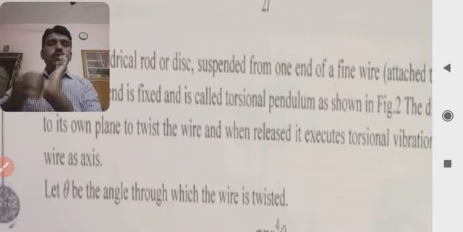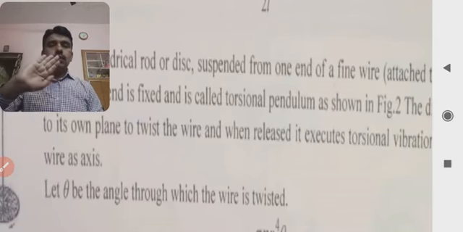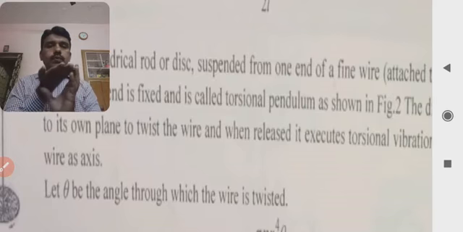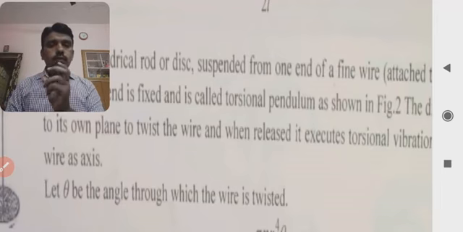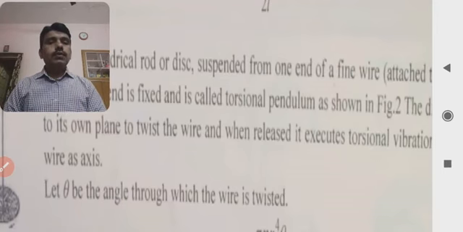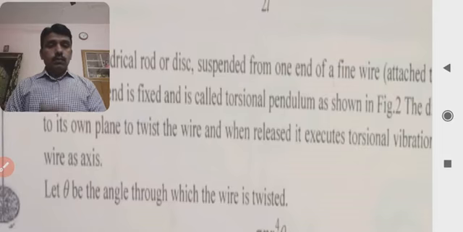If I am twisting it in one direction, then obviously it will try to regain its original position, and the oscillations will occur. And this is the condition where it gives you regular oscillations.